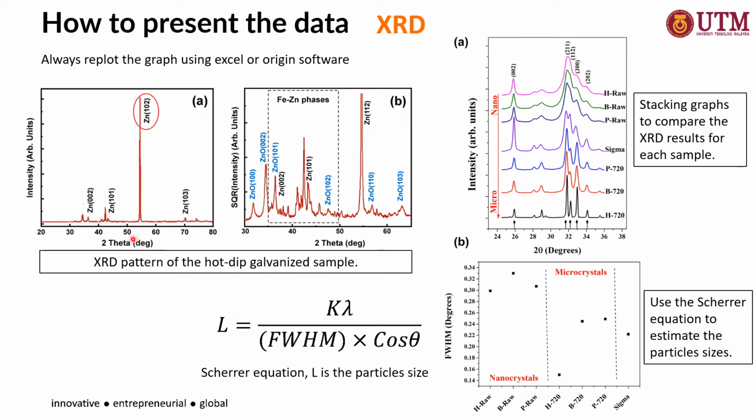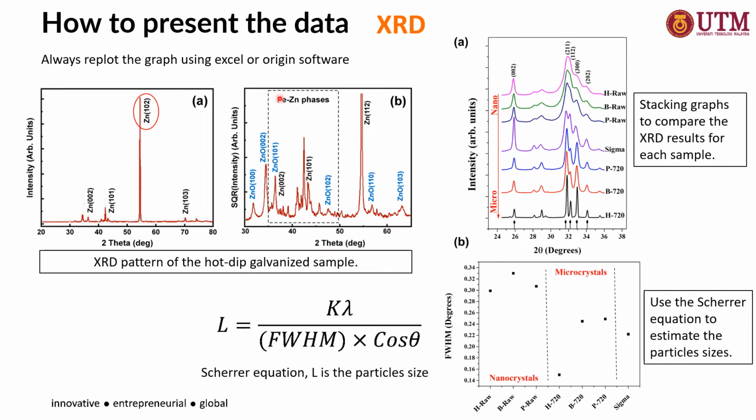Why? Because normally when we want to present our results, first we need to show the result of the analysis. For example here, you can see image A shows the result of the analysis. And then normally we focus on what we want to discuss specifically about our sample. For example, this one is the XRD pattern of the hot dip galvanized sample.